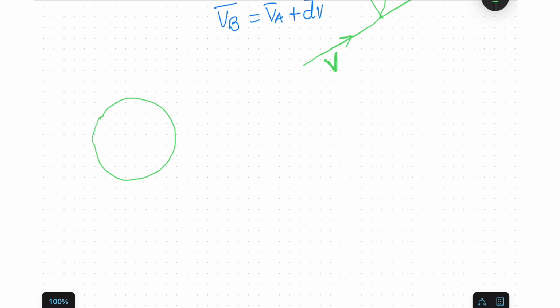Here is a circle, and this is the center of this circle, O. Suppose this is a particle P which is moving in a certain direction. Let me take this as the tangent t, and this is an, and this is at, and also the velocity will be in the same direction.